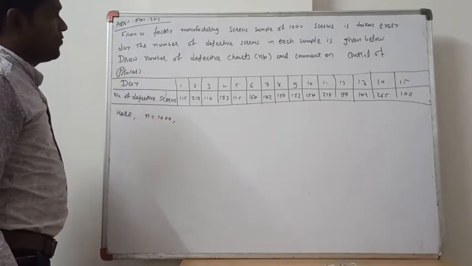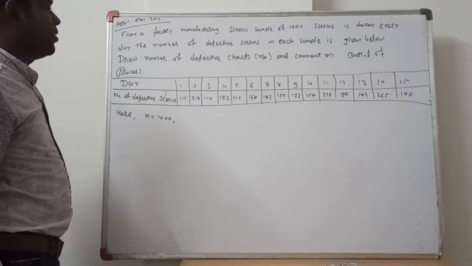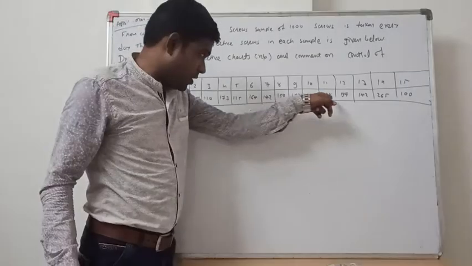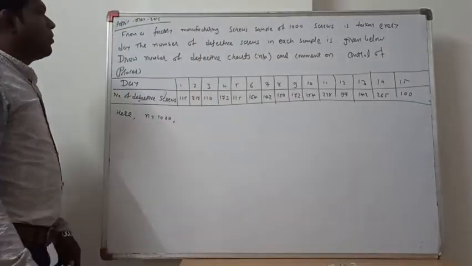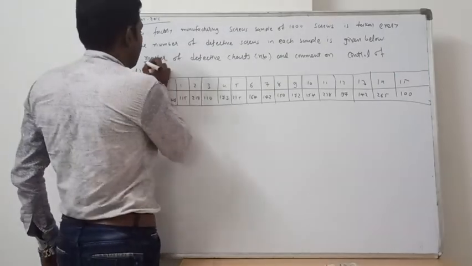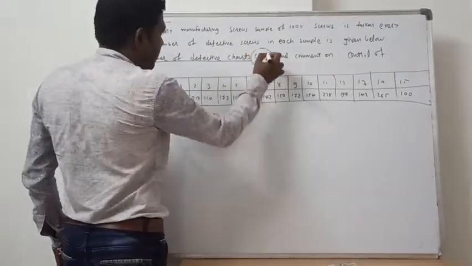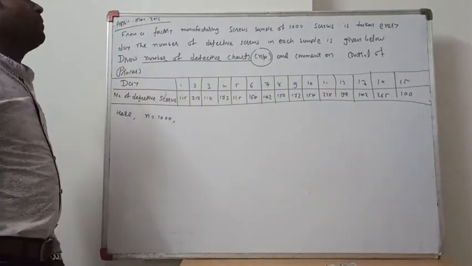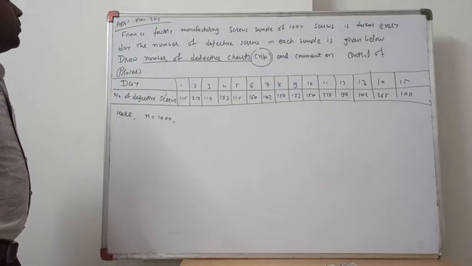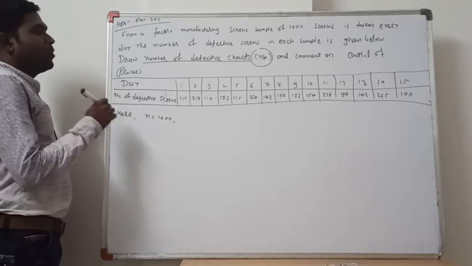The number of defective screws in each sample is given below. Draw the number of defectives chart, that is, you have to draw the NP chart, and comment on control of the process.